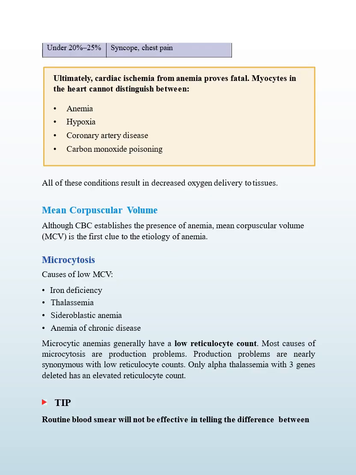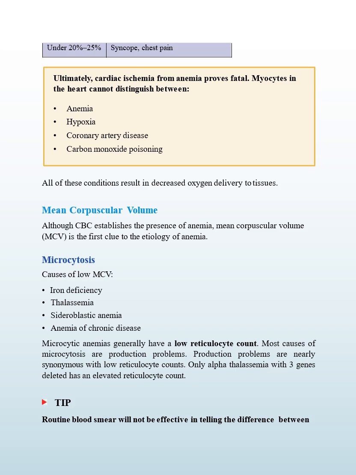If it is under 20 to 25, we have syncope and chest pain. Slide number 4 discusses some laboratory findings, but there is a clinical tip here that cardiac ischemia due to anemia is frequently fatal.